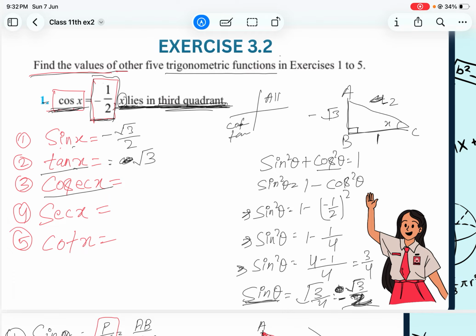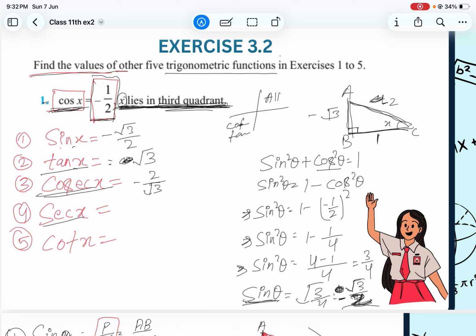Now cosec, that is 1 by sine, will be AC by AB, that is minus 2 by root 3, and it will also be a negative value.